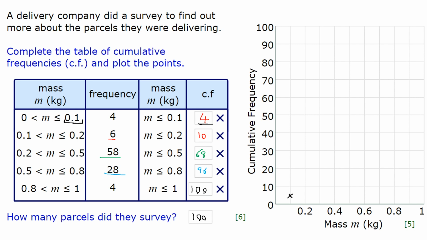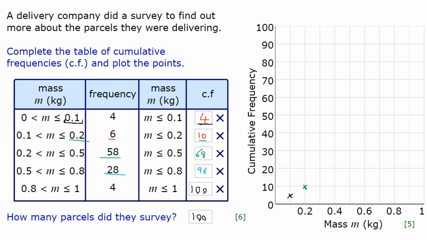That is our 4, because the maximum mass at this point is 0.1. The next point, we're going to go to 10, and the max range here is 0.2. So this is the next point. It's going to be at 10, at 0.2.